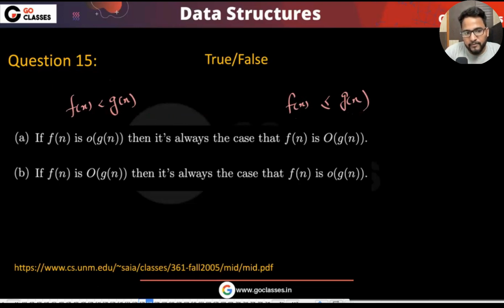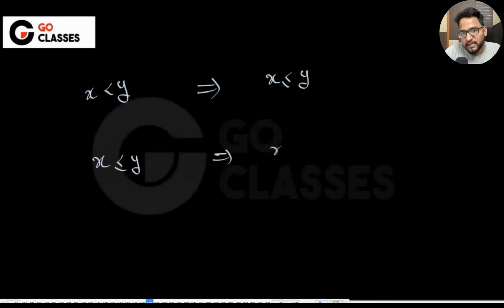See, if I'm saying that x is less than y, can I say x less than or equal to y? If I'm saying x less than or equal to y, can I say x less than y? Tell me which of them is true. One is true. The second is not true, false.